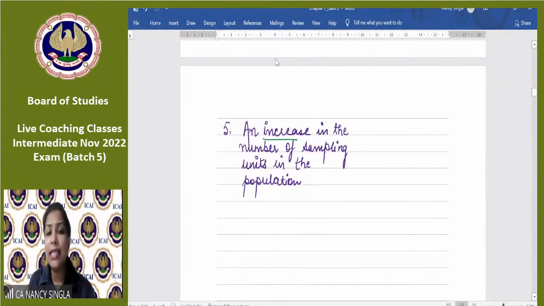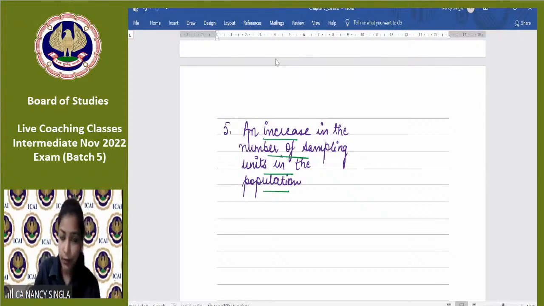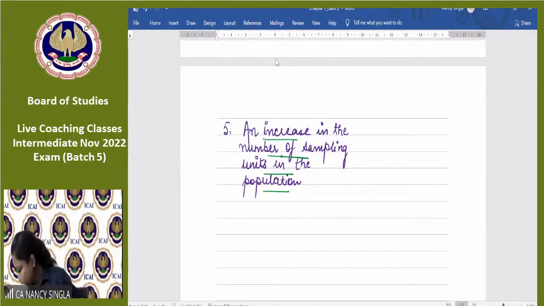An increase in the sampling units in the population. Please answer this question carefully. An increase in the number of sampling units in the population. Answer this fifth part. So I'll divide it into two parts.